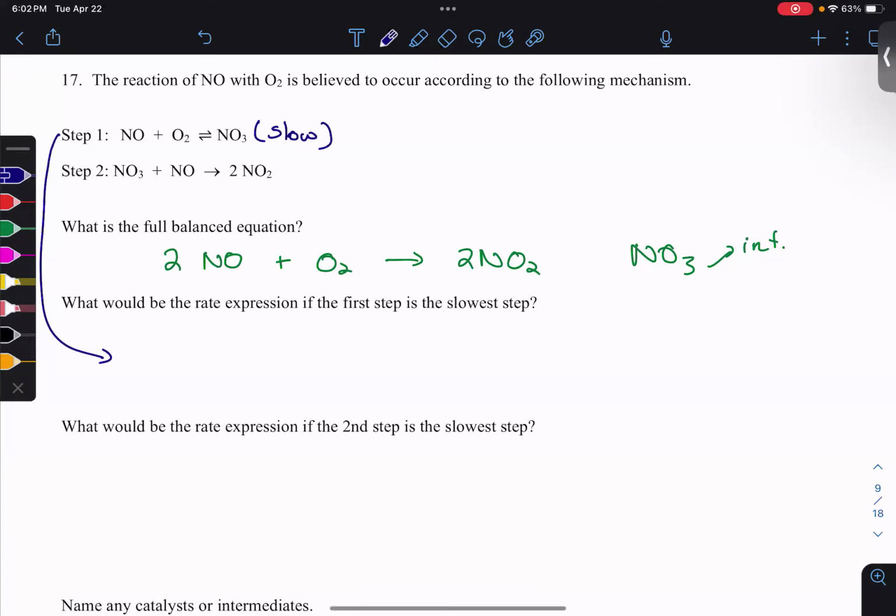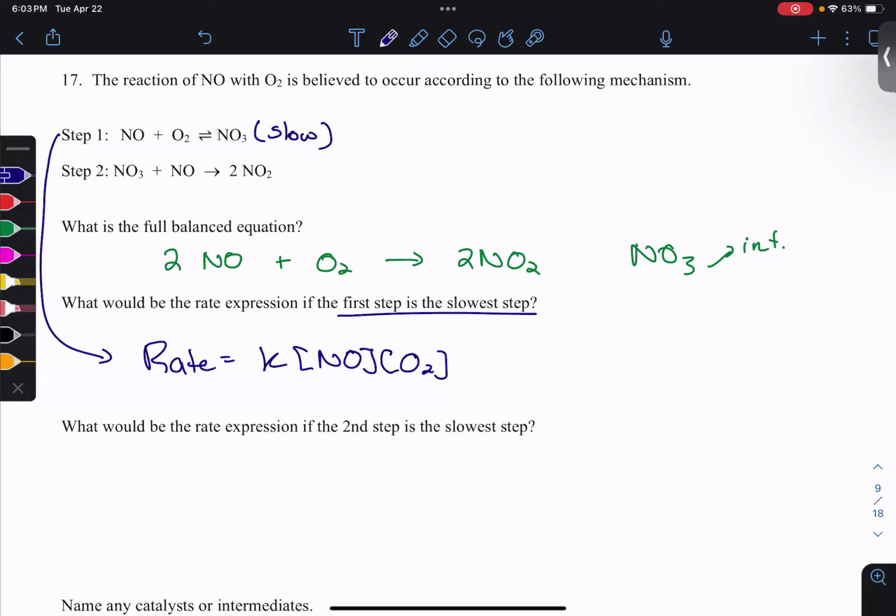As long as that step's an elementary reaction, that step dictates the rate law. So if the first step is the slow step, the rate of this reaction is k[NO][O2]. For elementary steps in mechanisms, this is the only time you are allowed to take stoichiometry and make them exponents. That's the only time, for elementary reactions.